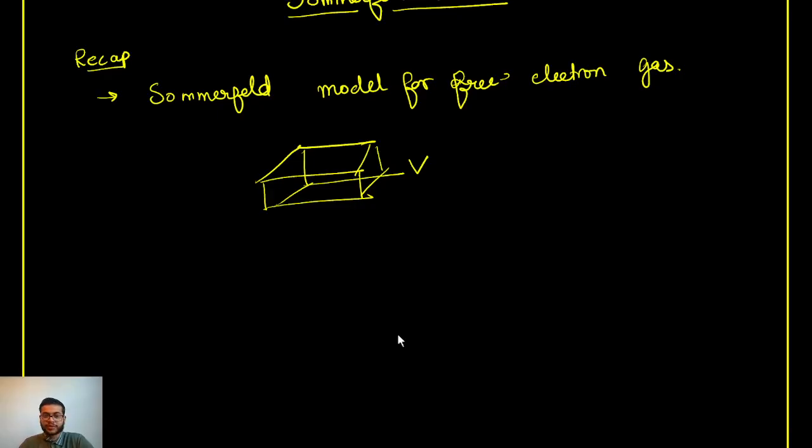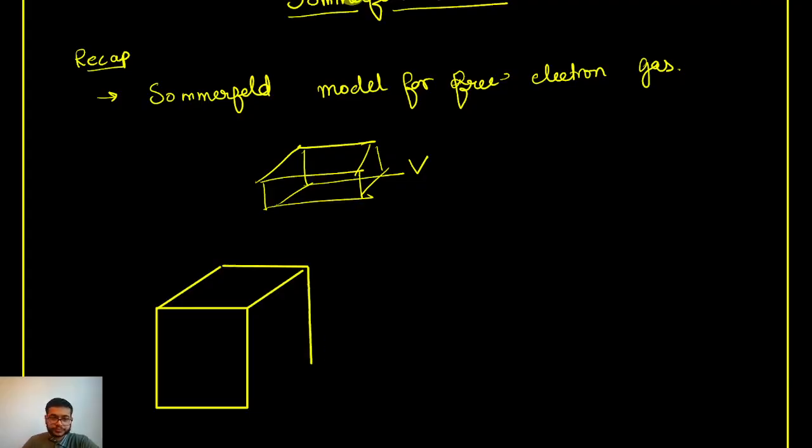We are going to see how the Sommerfeld model works out in systems where we don't have a confined box, but a crystal structure where the electrons can be everywhere in free space.